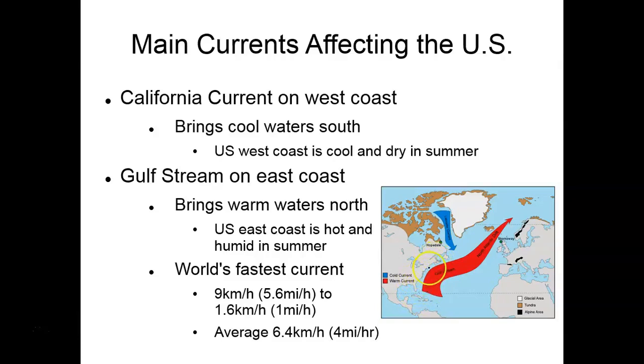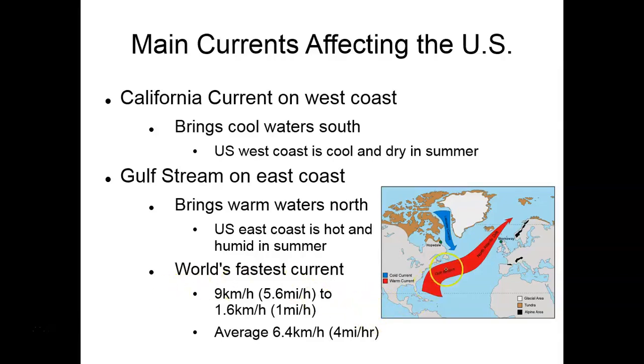So they have warm, humid summers. Also, the Gulf Stream is said to be the world's fastest current. It can get up to 9 kilometers per hour, and its average is about 6.4 kilometers per hour. So in miles per hour, the maximum is 5.6 miles per hour, and the average is 4 miles per hour. So this is a very strong current.